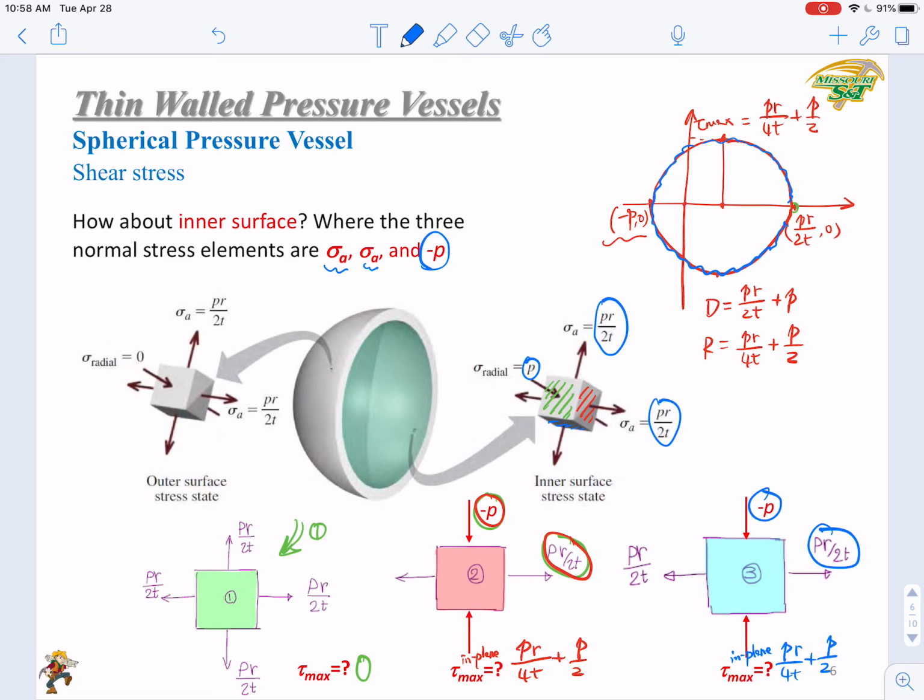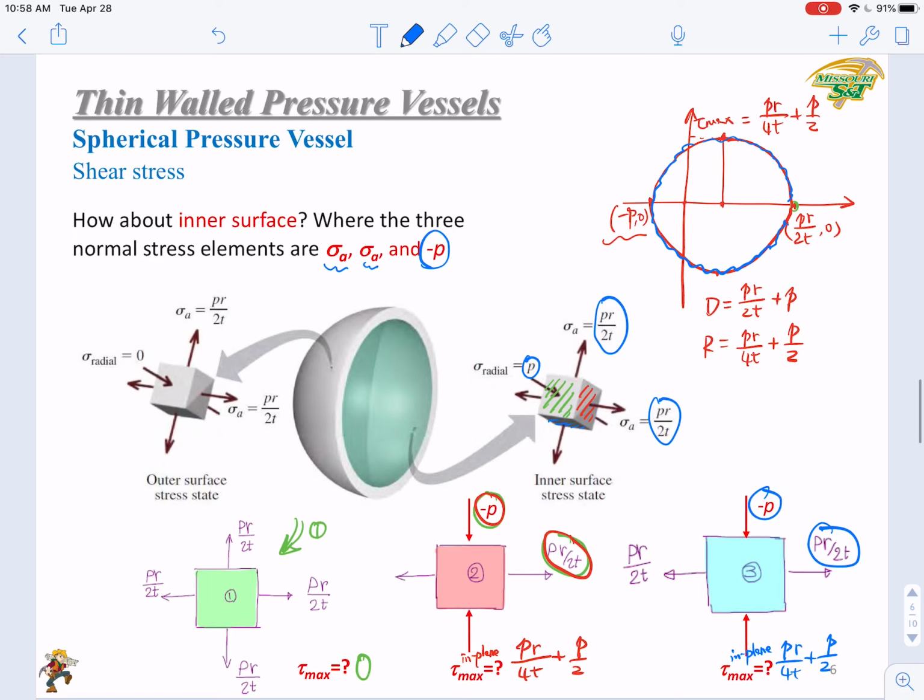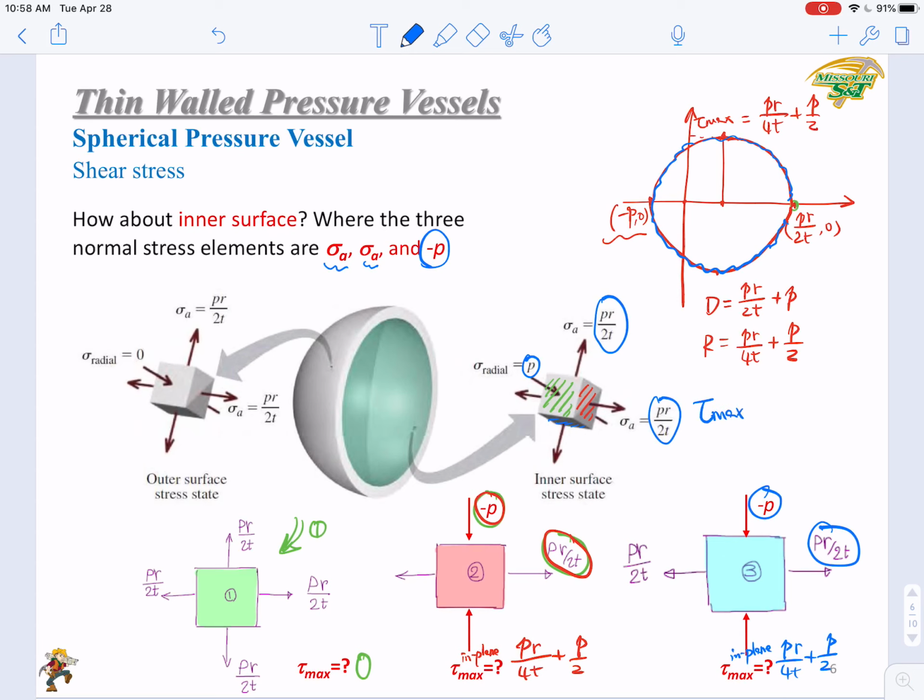Then our question is, what is the absolute maximum shear stress? That will be the largest value in the 3 results. So obviously that is just PR over 4t plus p over 2.